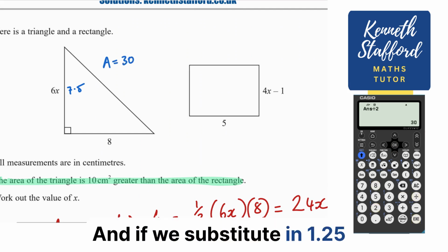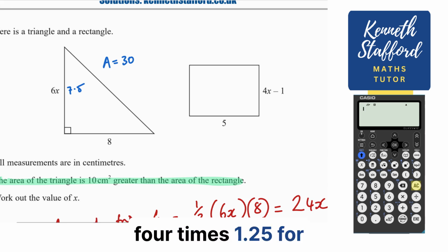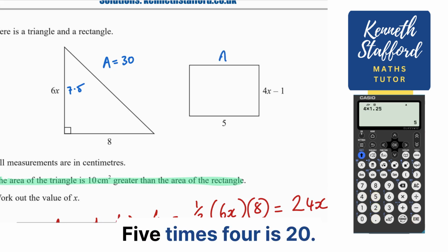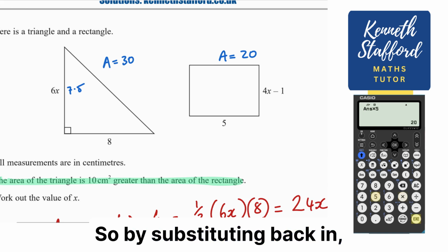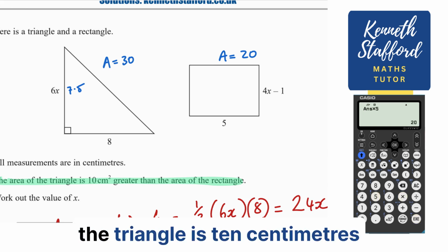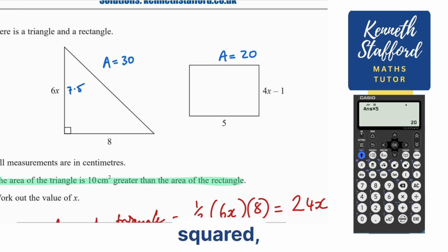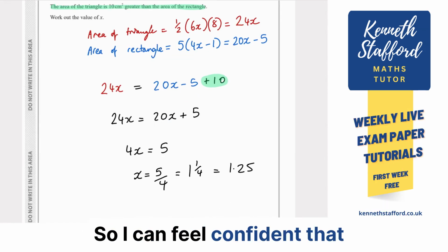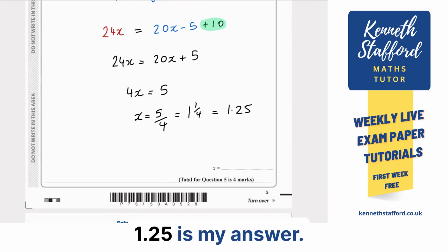And if we substitute in 1.25, 4 times 1.25 for the rectangle, take away 1 is 4, 5 times 4 is 20. So by substituting back in, I have shown that the area of the triangle is 10 centimeters squared bigger than the area of the rectangle. So I know I've done it correct. So I can feel confident that 1.25 is my answer.